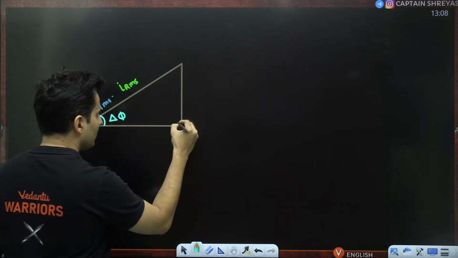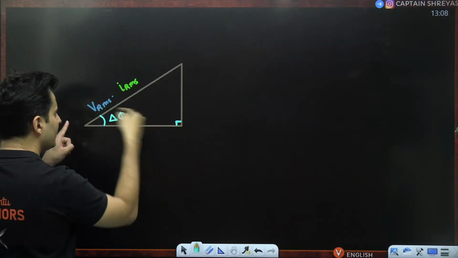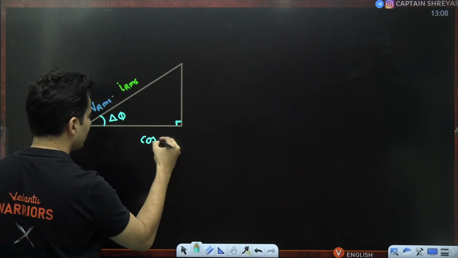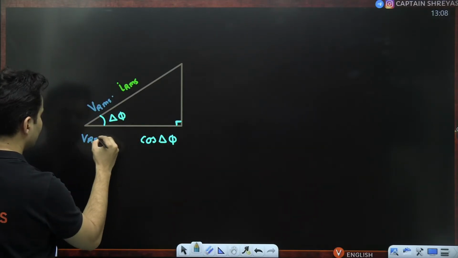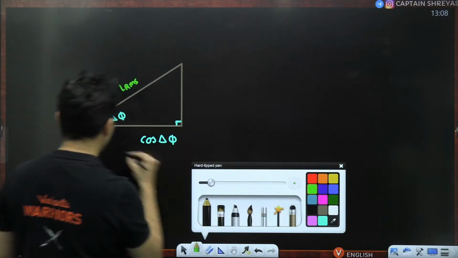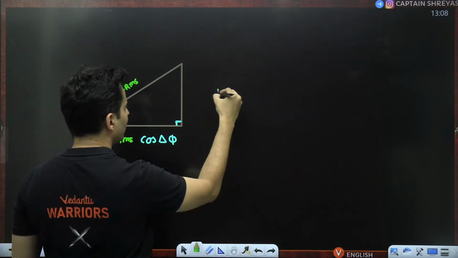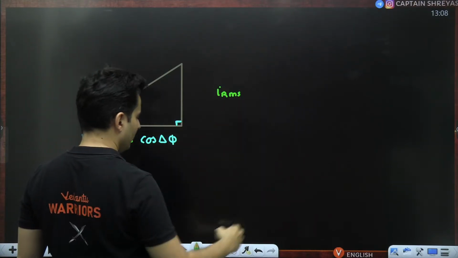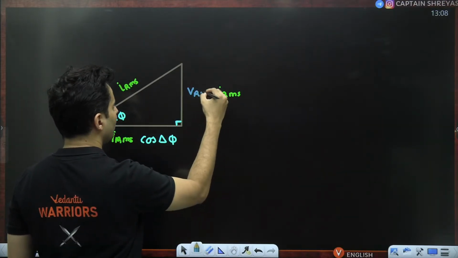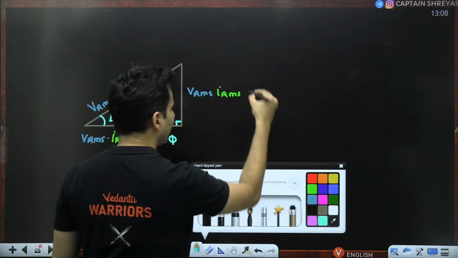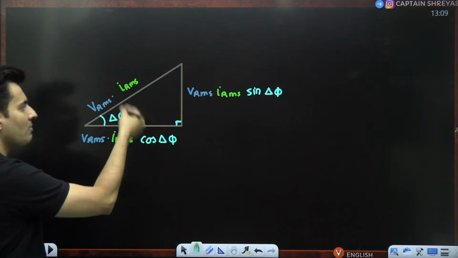So this is 90 degree, of course. This side is adjacent to the hypotenuse. So this is cos delta phi of VRMS into your IRMS. Same thing if you do it over here. This is opposite to the angle. So this is VRMS into IRMS, but into sine of delta phi, if I make an imaginary triangle.